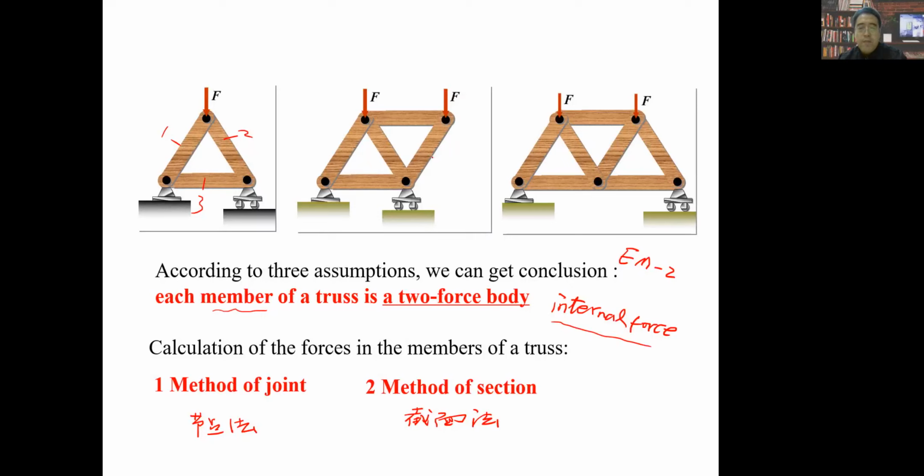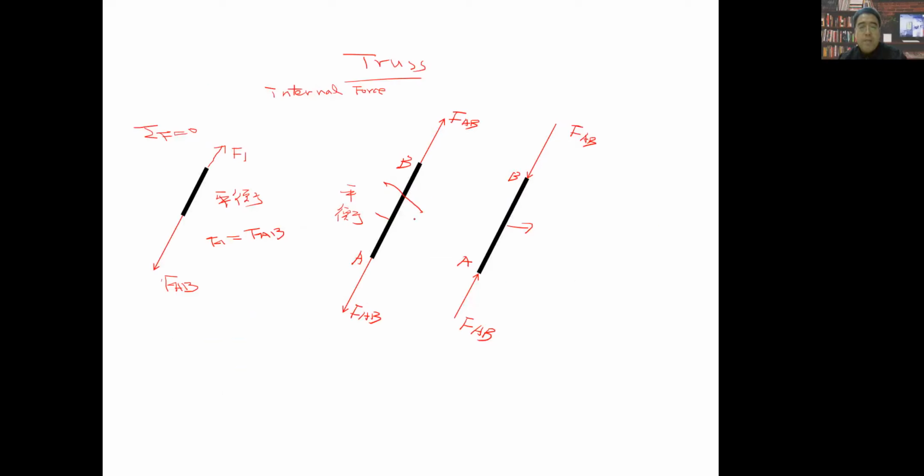We just select one of the members to talk about. Maybe this bar AB, just one member of a plane truss. According to our assumption, it will be a two-force bar, so it will only have two forces acting on point A and point B. Actually, points A and B are two knots, 两个节点, right?